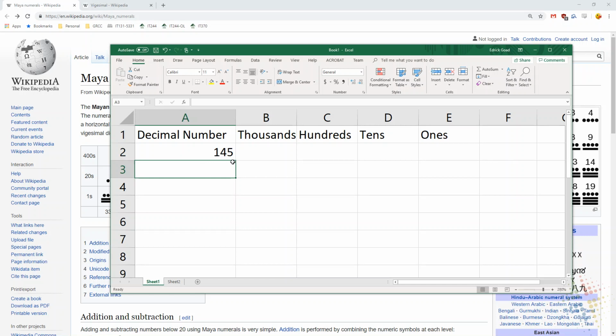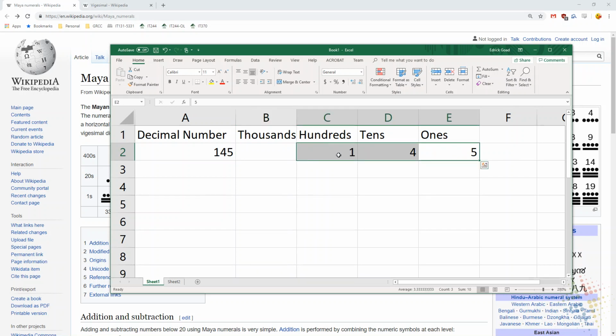The number 145 is actually composed of 5 ones, along with 4 tens, 1 hundred, and 0 thousands. I'm going to leave the thousands blank just so it's easier for us to read. So 145 is 1 hundred, 4 tens, 5 ones.